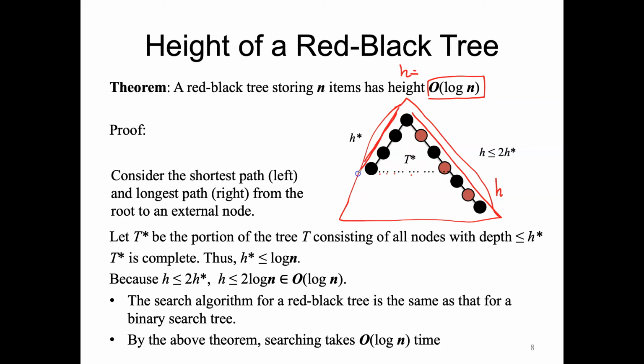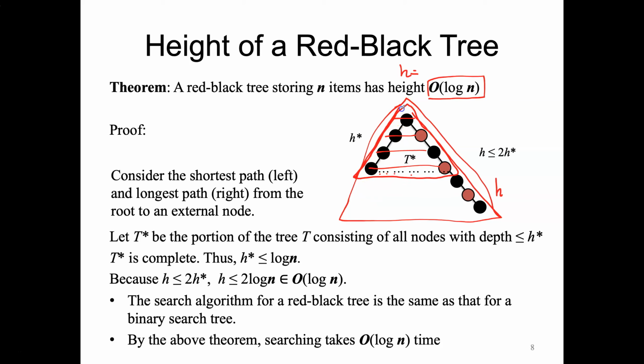So if we take just this subtree, the one induced if we take all of those nodes at a level no more than the depth of this node, then since we have no other closer external nodes to our root, that means this tree is completely filled with internal nodes at every level, right?